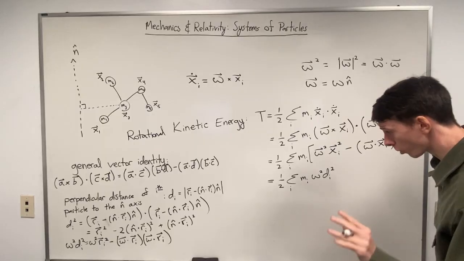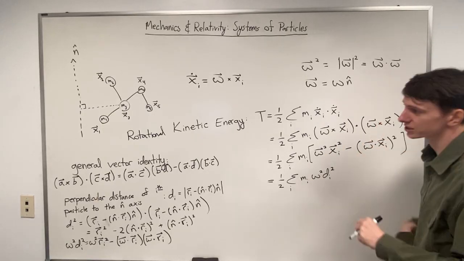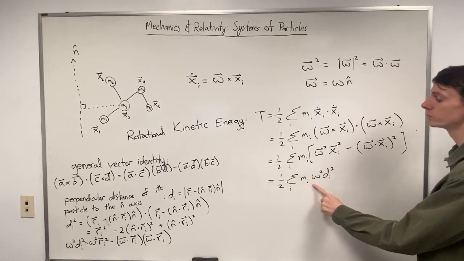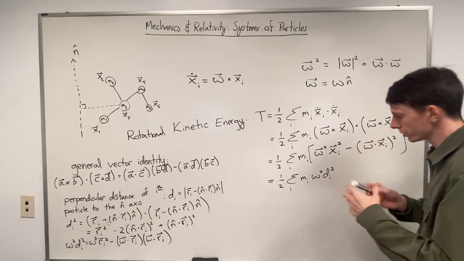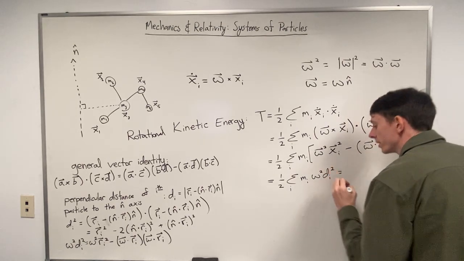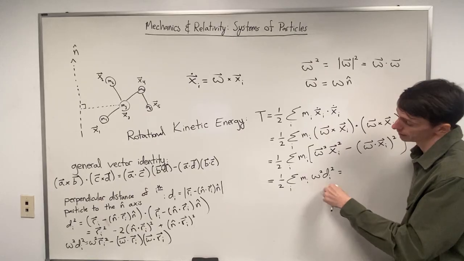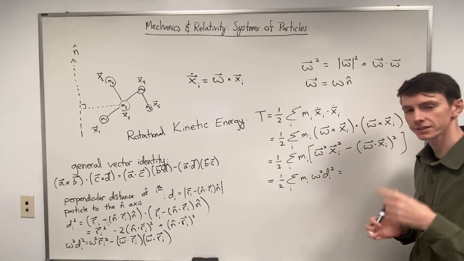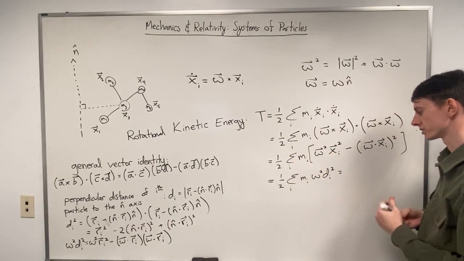Now, we're not quite done. I guess we're pretty much done in the sense that we've defined our rotational kinetic energy in terms of the omega vector, or its magnitude. But we're going to do one more thing. We're going to make use of the fact that the omega vector, and therefore its magnitude, is constant for each particle. It doesn't have a subscript i for a reason, so we can pull it out of the summation.